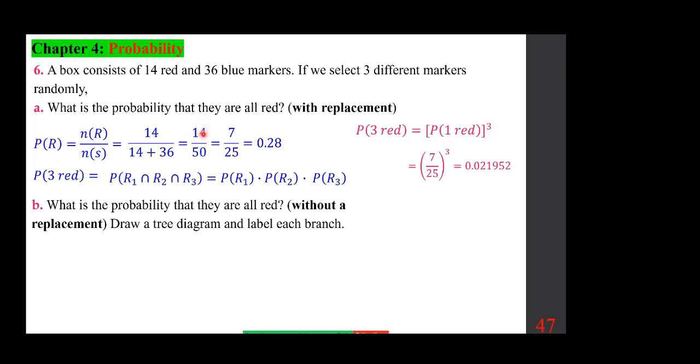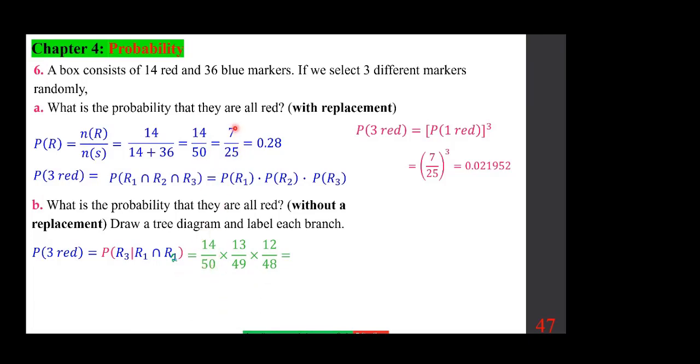And the numerator for the red goes down by 1, and it keeps on doing it in the same manner. So with that being the case, probability of 3 red is probability of R sub 3 given that R1 intersection R2, this is R2. And it's important to see the first one is the same.